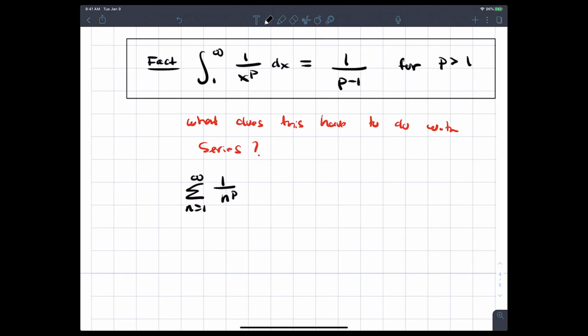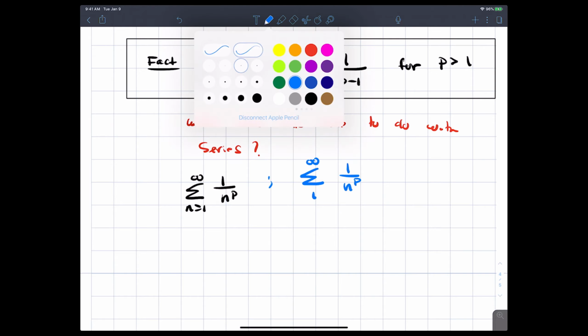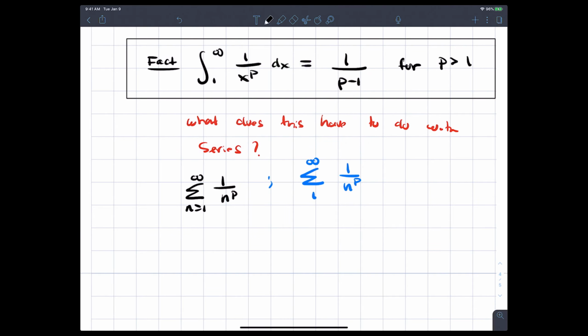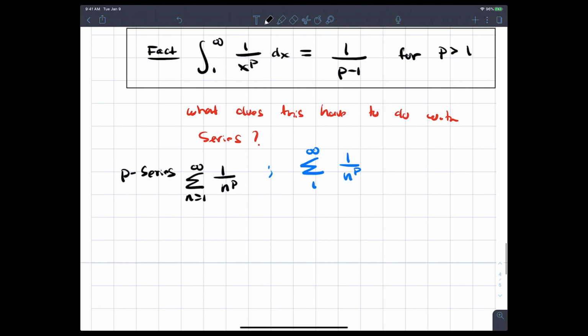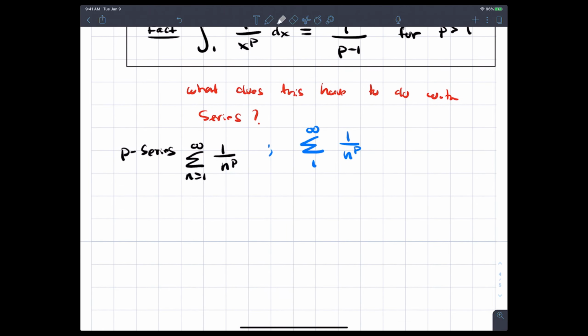And by the way, just notation-wise, sometimes you just see 1 to infinity, and that implies that there's an n there. So sometimes we write it that way. Okay, you might say, well, what does this have to do with us in series? Well, here's what this means, ladies and gentlemen. We have the definition of what we call a p-series. This is simply known as a p-series.